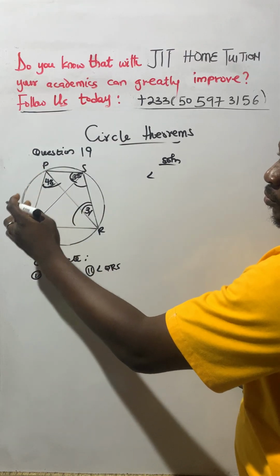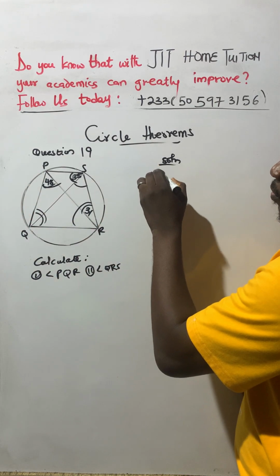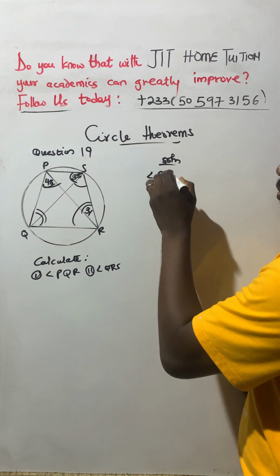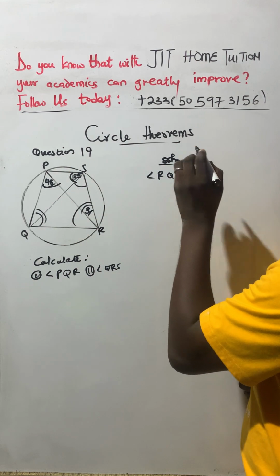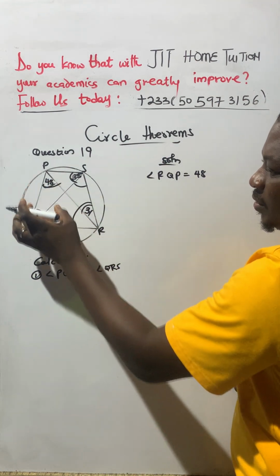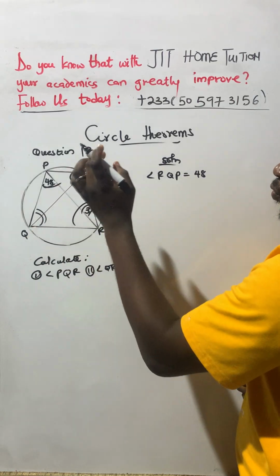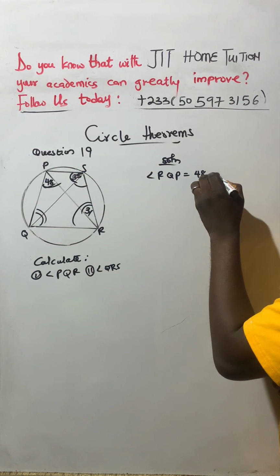Angle RQP is equal to 48. Now, if the chord subtends here, that means that this angle will be equal to what you have over here.